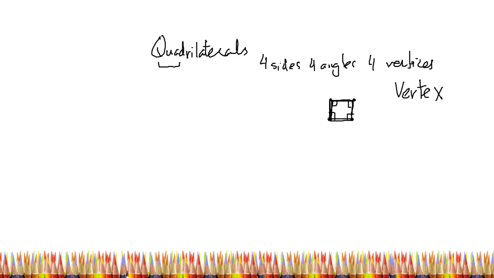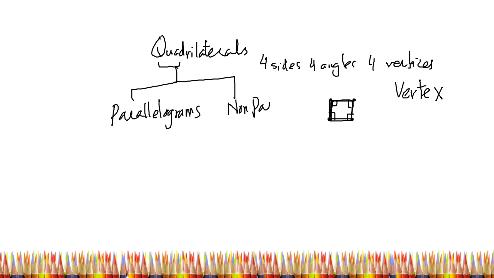and vertices is plural. So inside quadrilaterals we have parallelograms, and we have non-parallelograms. Now again, you can see that this is self-explanatory.